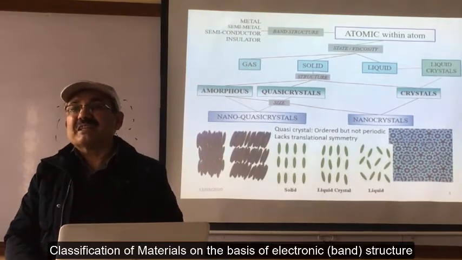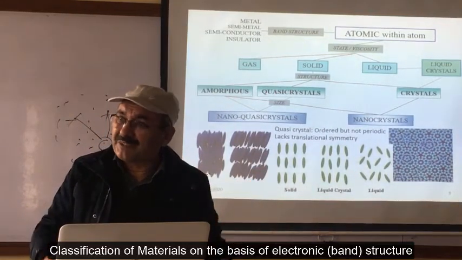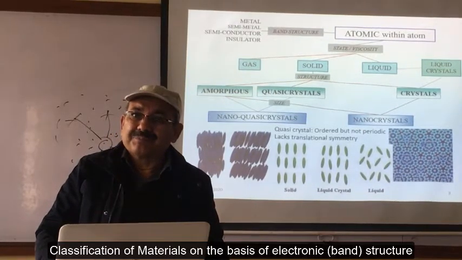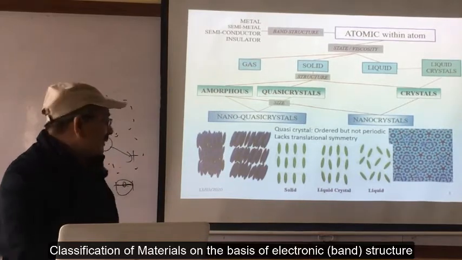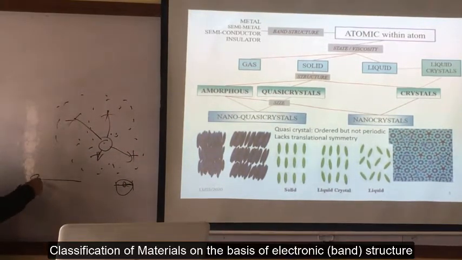Almost free means a little bit of force is needed to push it or pull it, to release it from the atom. So, these electrons, for example, in comparison to these, you have silica.